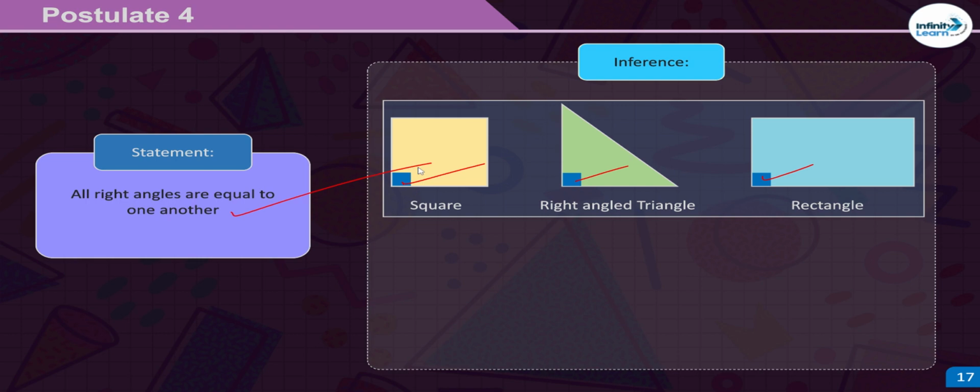All right angles are equal to one another. Clear? Clear? Yes or no?